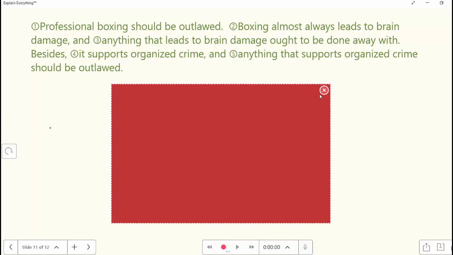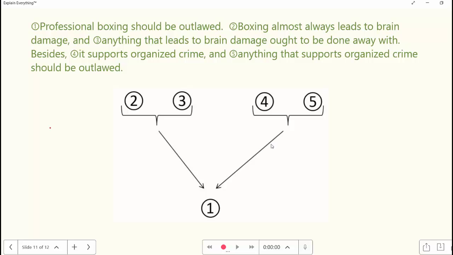Let's take a look at how the argument's supposed to be diagrammed. So here's our diagram. And let's talk about it very briefly before getting back through the argument. Notice that we have conjoint premises both here and here.